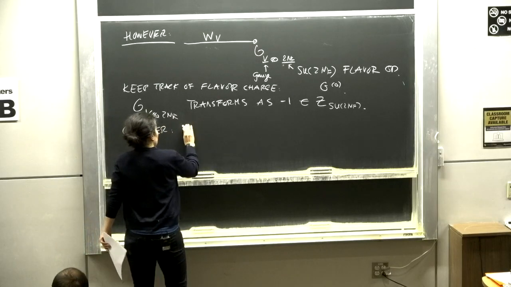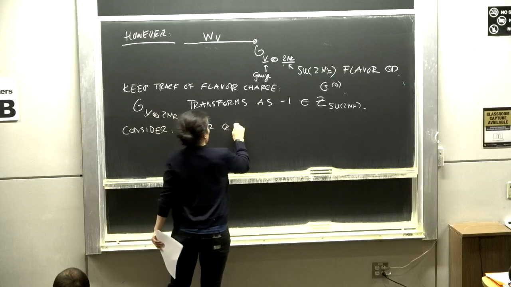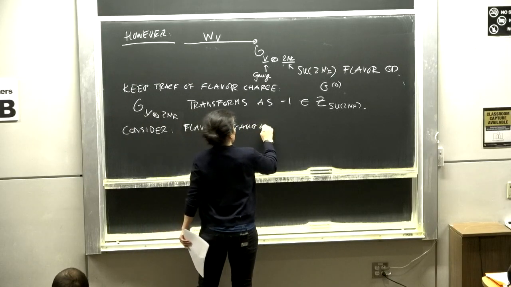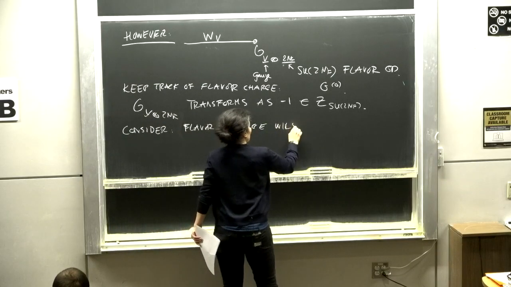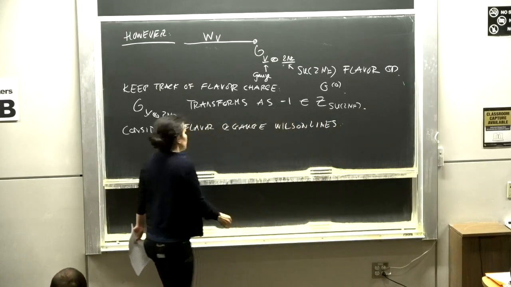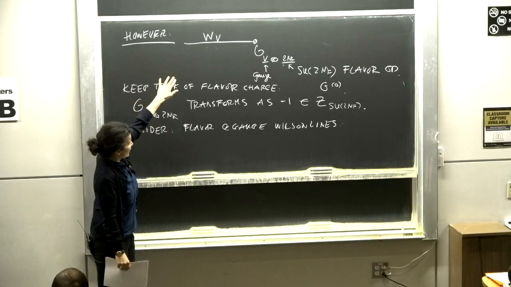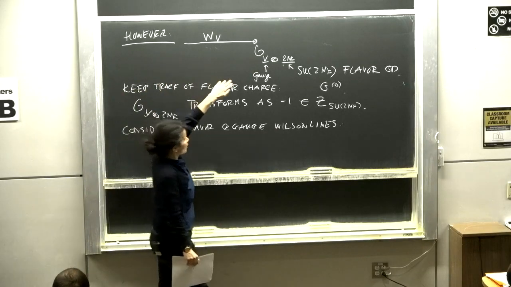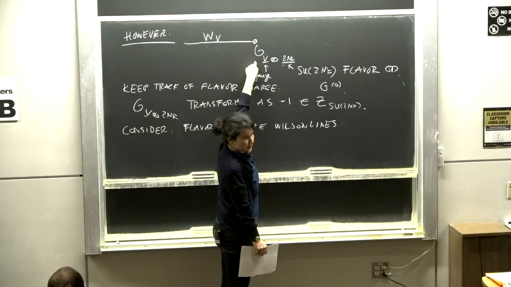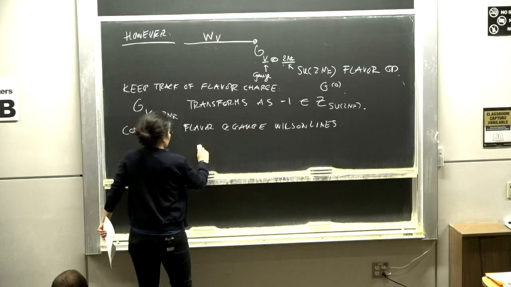in addition, the flavor Wilson lines and gauge Wilson lines, right? So we said one-form symmetry is Wilson lines or line operators modulo screening by local operators. Now I'm also saying, well, we can take into account gauge and flavor Wilson lines.